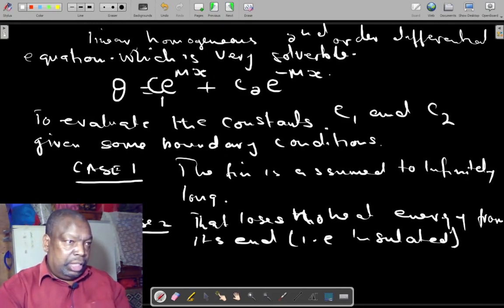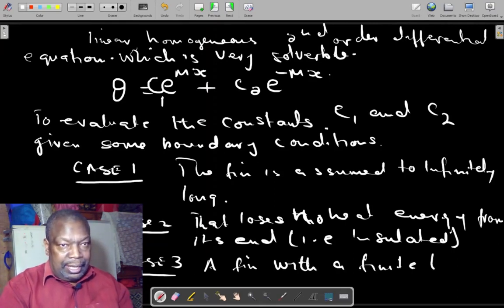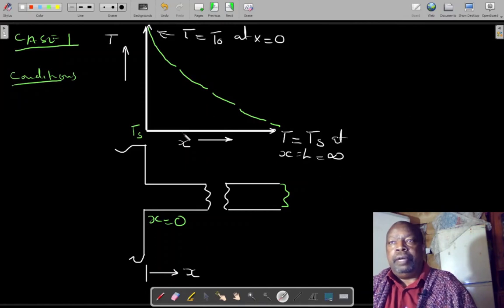And case 3, whereby we'll look at a fin with a finite length. And now let us have a look at our first case.